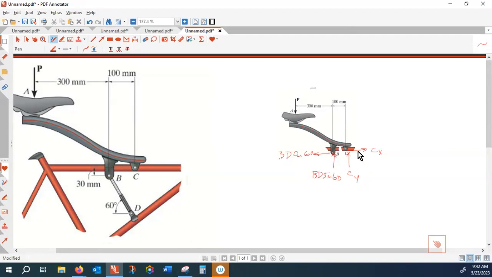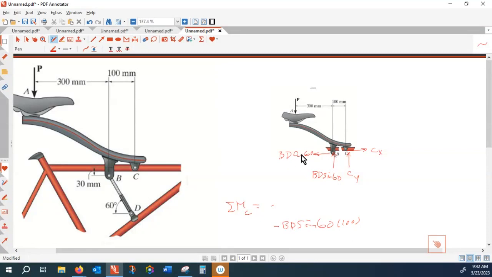Now, to find out the BD, I take the rotation with respect to the C. So the net rotation with respect to the C equal to 0. So rotation due to the BD sine 60, that is multiplied by 100. That is in a negative rotation, minus BD sine 60, the arm of rotation is 100.